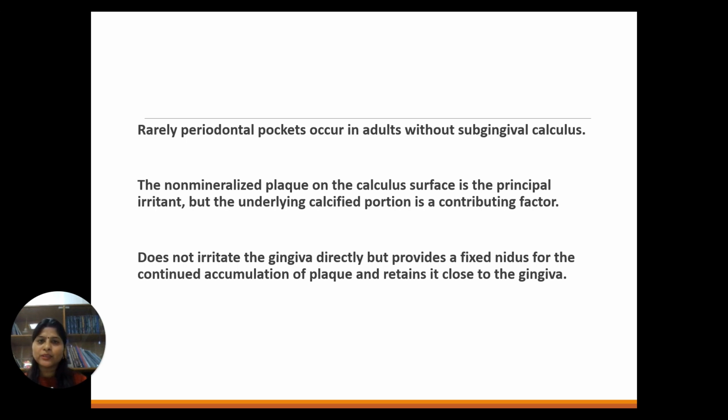Non-mineralized plaque on the calculus surface is the principal irritant. It is the irritant that causes the disease, whereas the calcified portion is just a contributing factor for the accumulation of plaque. It does not irritate the gingiva; it provides a nidus for the accumulation of plaque and retains it against the gingiva.